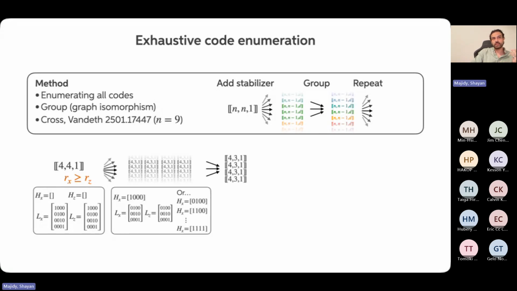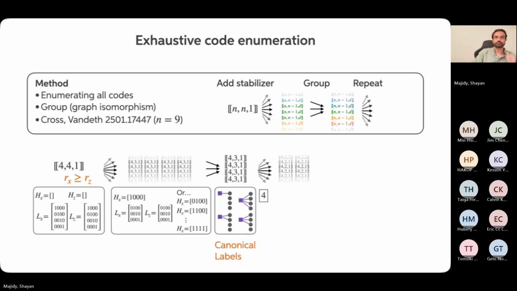And then what we do is we group the codes together by comparing their Tanner graphs. So for a 4 physical qubit code with 1 X check, there's only 4 unique Tanner graphs. And the way we make this problem much more efficient than just comparing the graphs directly is we map each graph to a canonical label, and then we compare the labels.